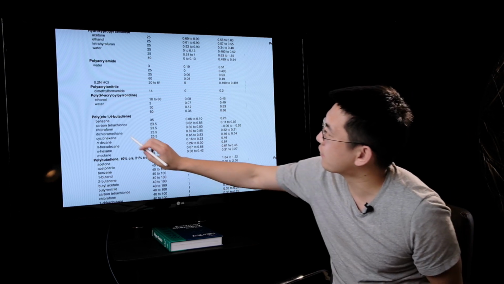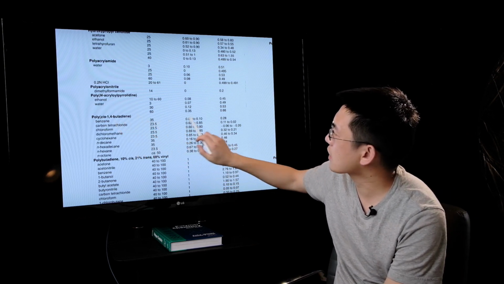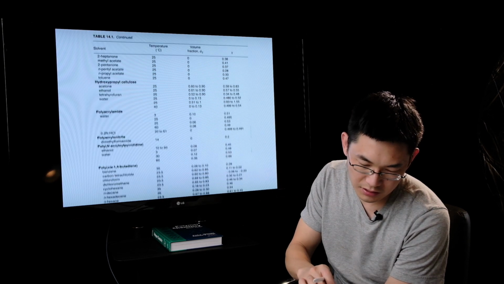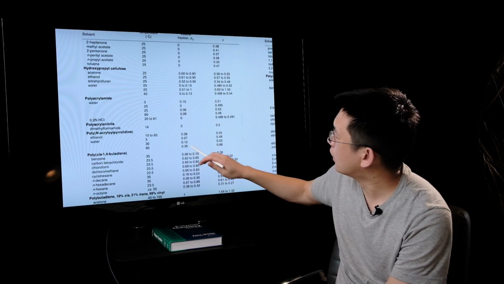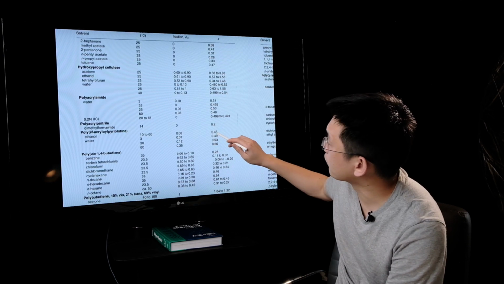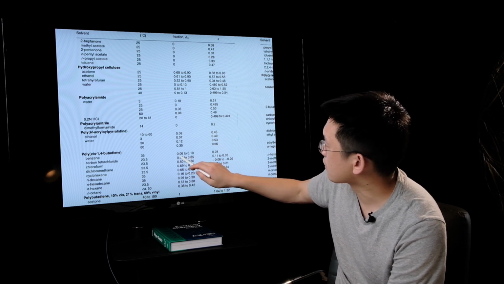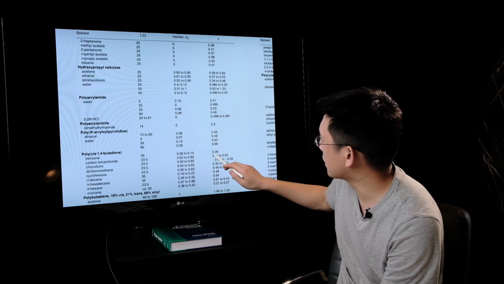So butadiene, for example, if you consider it dissolved in toluene, that's the chi value described, right? The chi value is shown on the far right, and this is the volume fraction at which it was measured. So in this range, the chi will be 0.28.